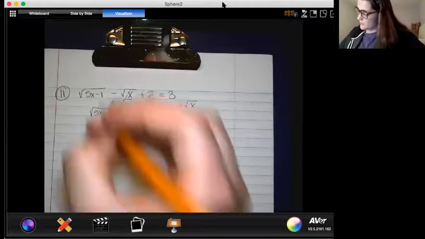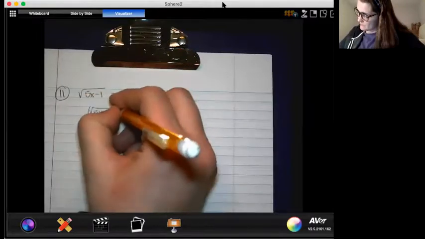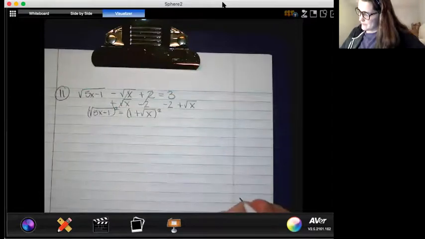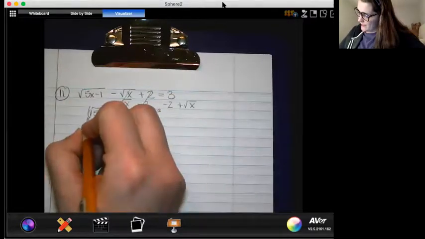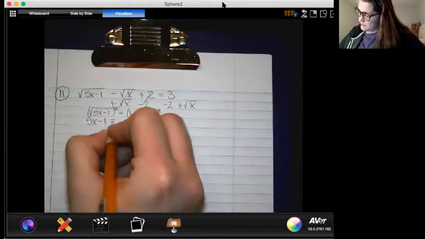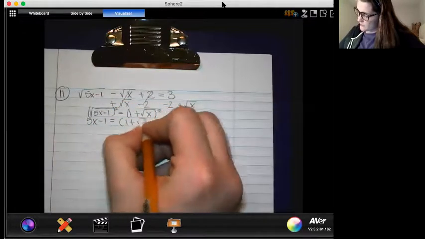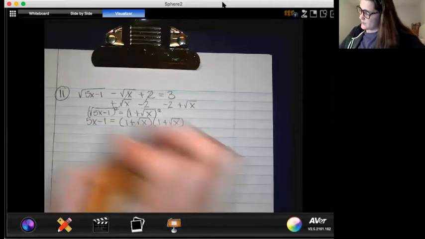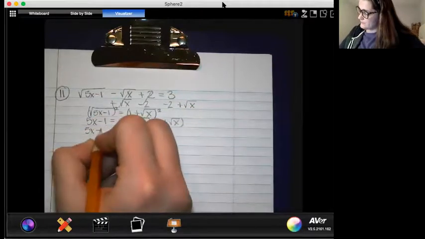So I'm going to square both sides. So I have 5x minus 1 equals quantity 1 plus square root of x times 1 plus square root of x. We need a FOIL.